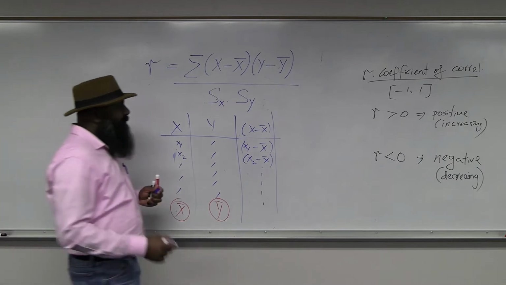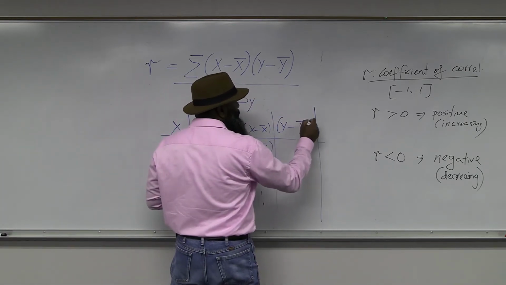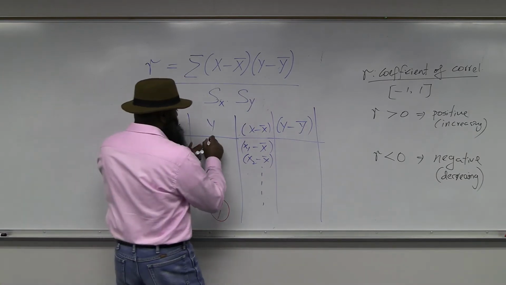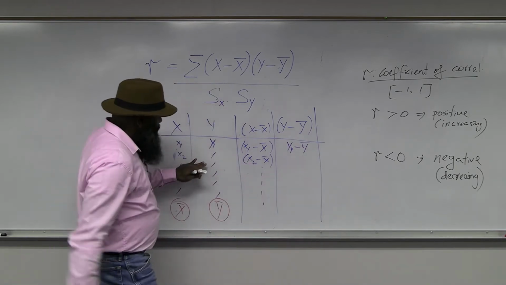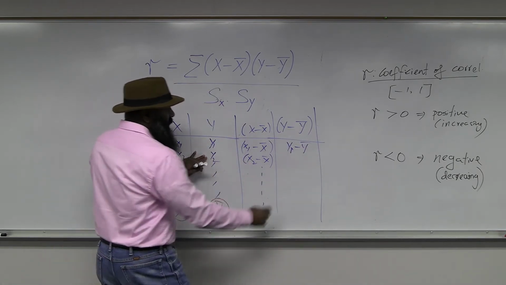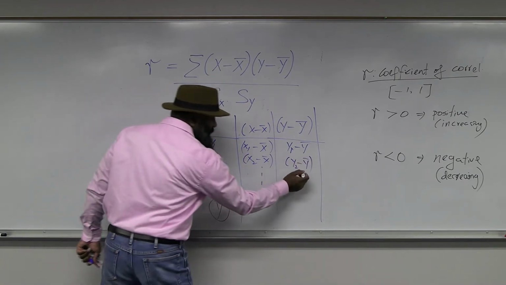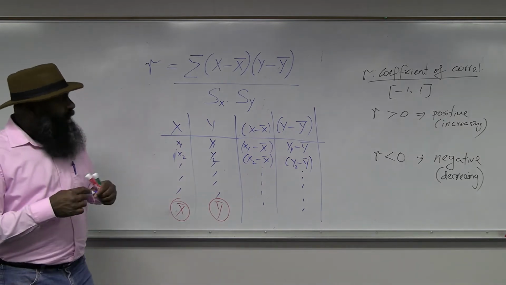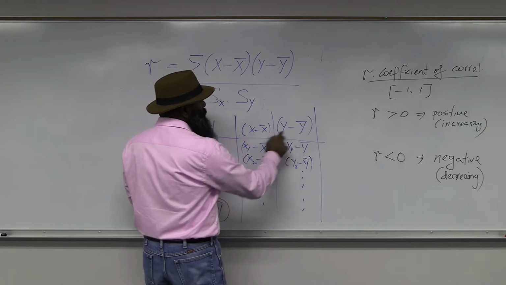Now similarly, I can subtract y bar from every single y value given here. So if the first reading is y1, I can calculate y1 minus y bar. If the second reading is y2, I can calculate y2 minus y bar, and so on. I can do it for every single y data point in this column. Now after that, I have to take the product between these two.